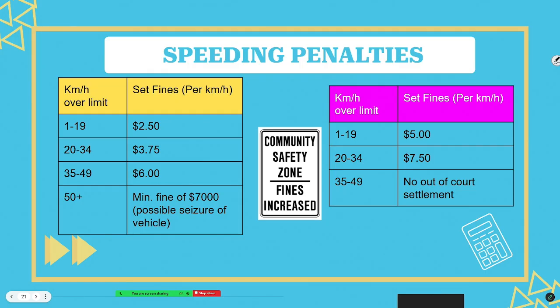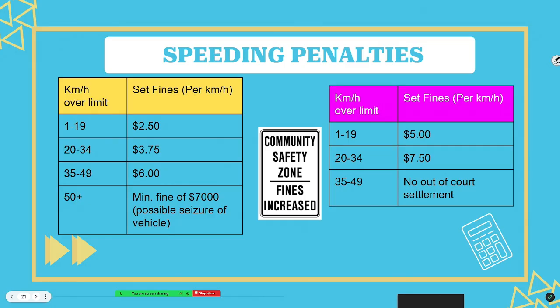You will see the very first table talks about normal speeding penalties if you're in a regular driving area. If you speed 1 to 19 kilometers over, you get charged $2.50 per kilometer per hour that you go over.